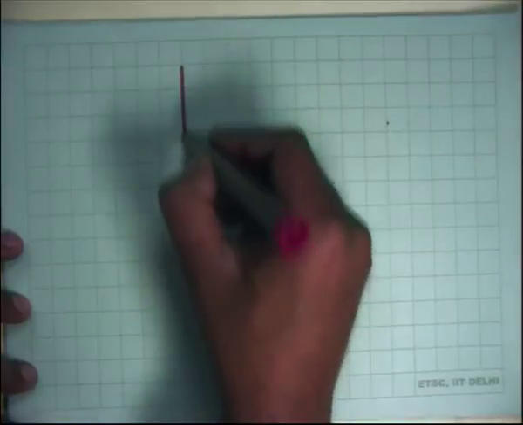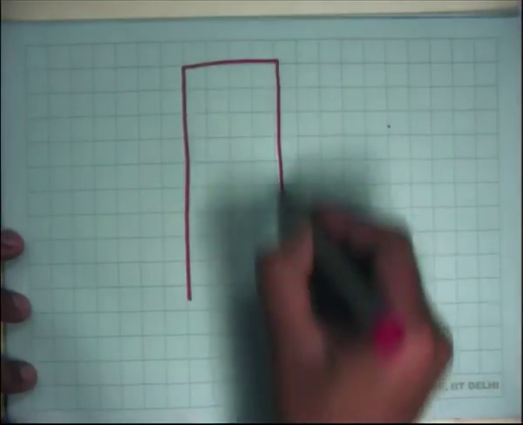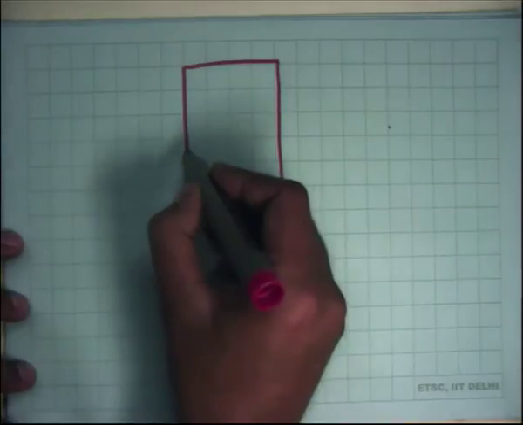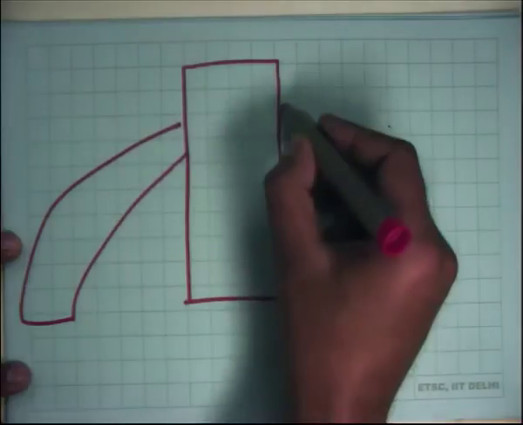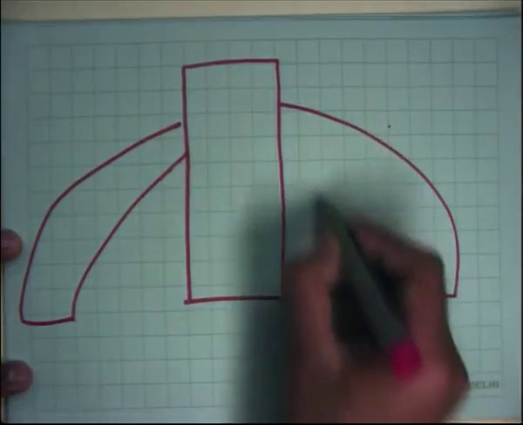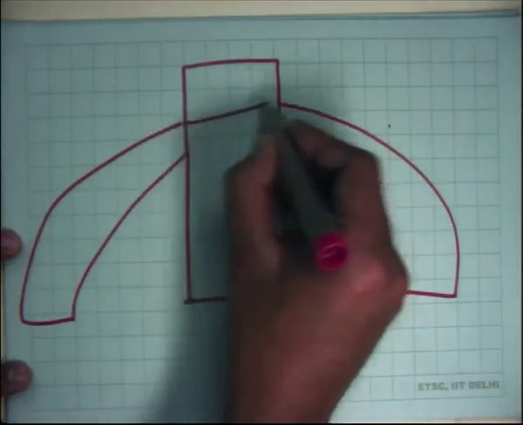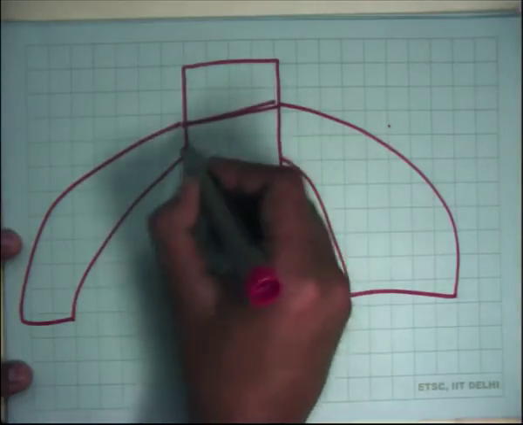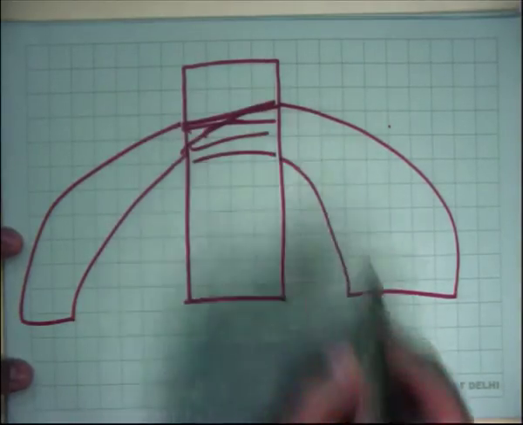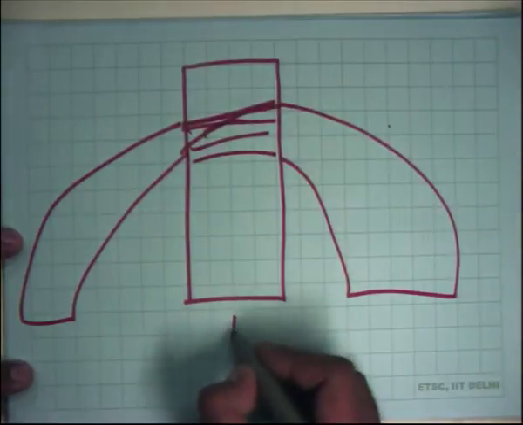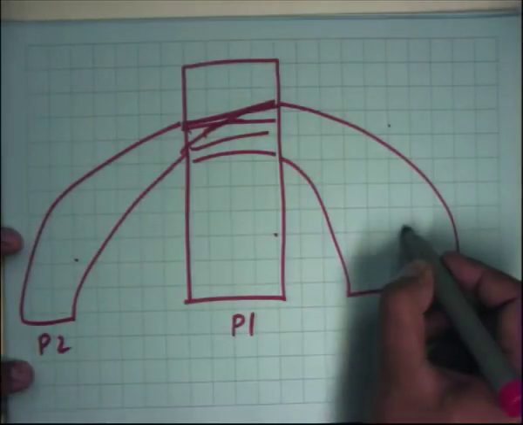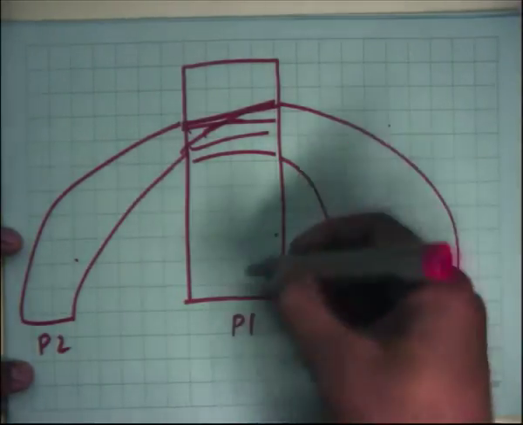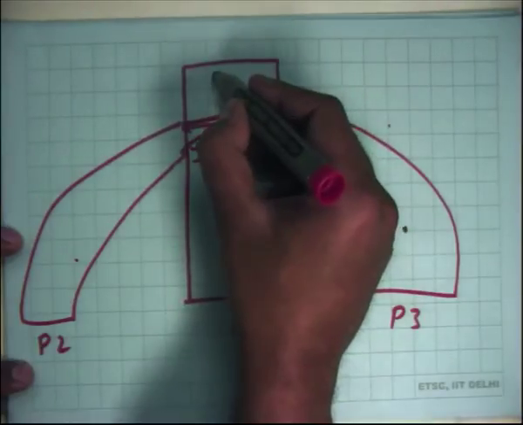Okay, let's review this once again. Here's another way of drawing this. Let's say this is process P1, this is process P2, and this is process P3. Each of them has a separate address space in the lower 2 GB, but they have the same address space in the upper 2 GB.